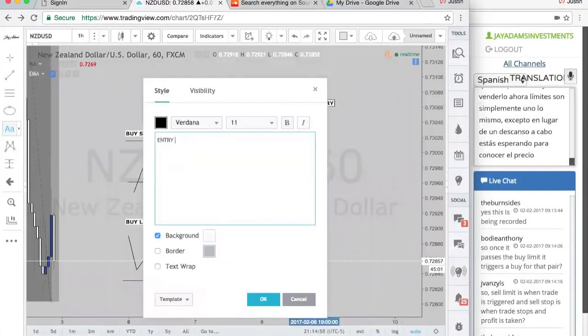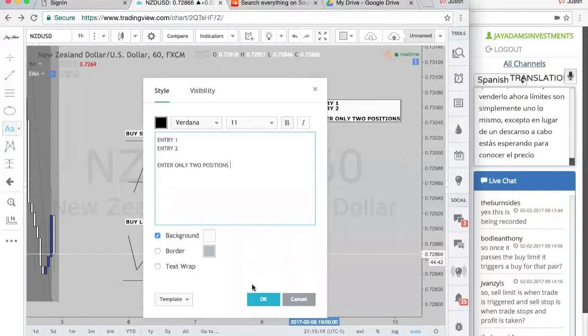So if it has entry 1 and entry 2, you're going to enter only 2 positions, right? You're not entering 3 times because it has 3 take profits. You're entering on entry, right?